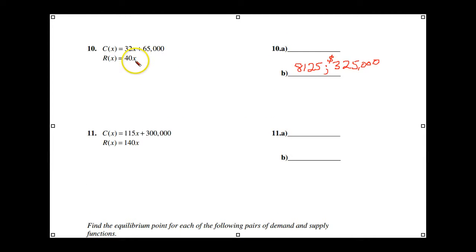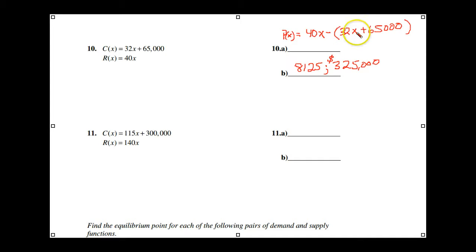Again, in figuring out the profit equation, it's going to be P of x equals revenue minus the cost, which is 32x plus 65,000.